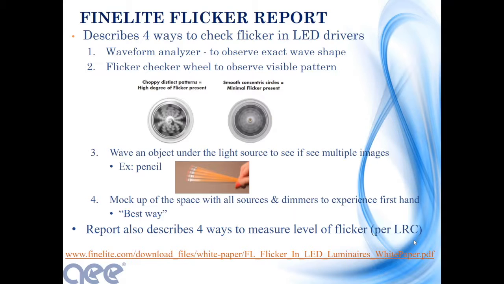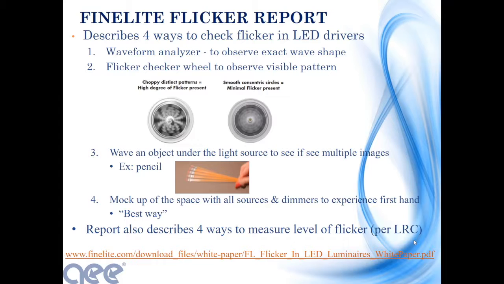You could wave an object under the light source to see if you have multiple images. For example, a pencil, as shown here. Probably the best way for us to check flicker is to mock up the space with all the sources and dimmers to experience firsthand what we're going to see.